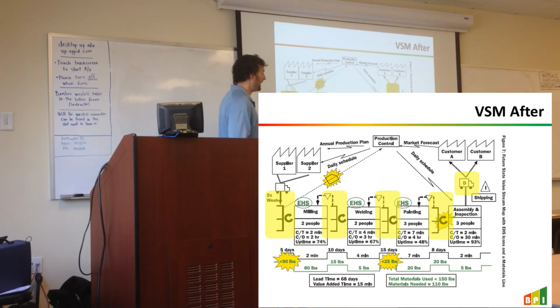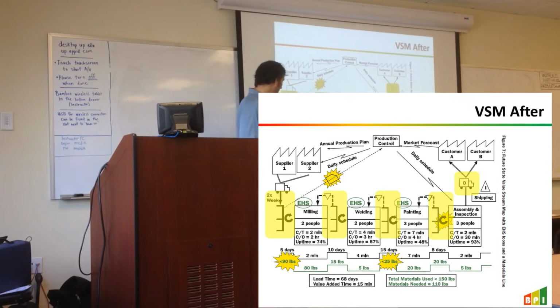And then we come back and we talk about what can we do to eliminate those opportunities and fix them, and then what would that new process look like? And this would be the after effect or the future state map. And so you'd say, we're going to put in a Kanban system and then have it pull from process to process, and that's how we're going to connect these two processes together.